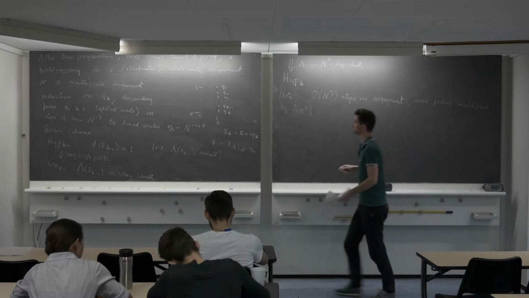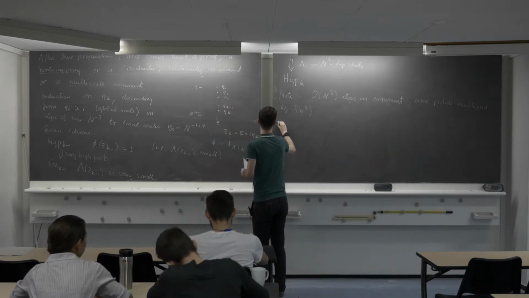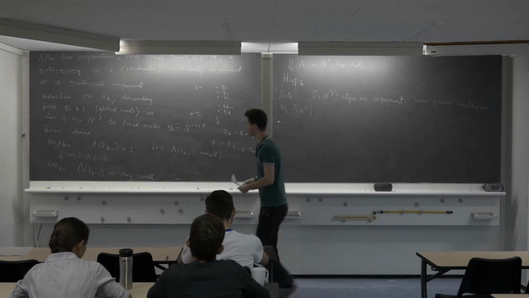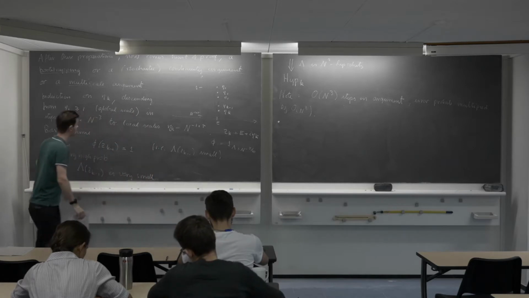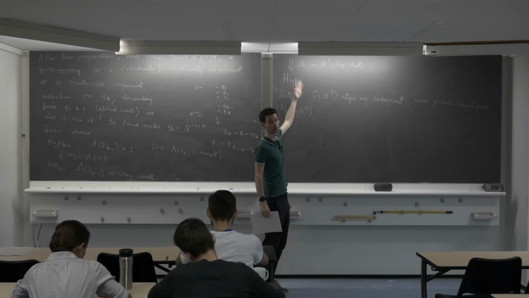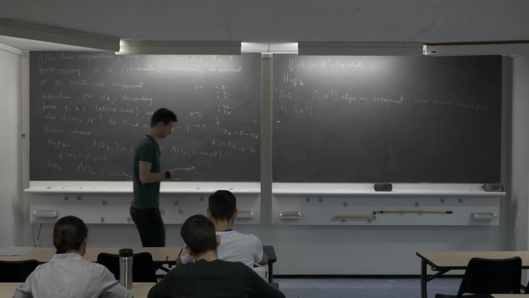So, of course, you have to start somehow. If you want, you can view this as an induction. You assume this guy, and you deduce through this bootstrapping argument that guy, and then you can go on. Of course, you have to start somehow.